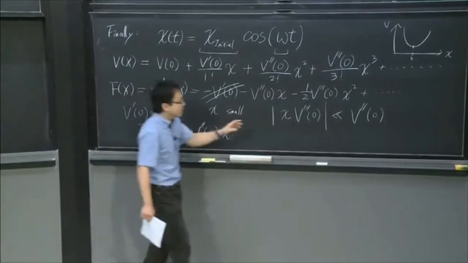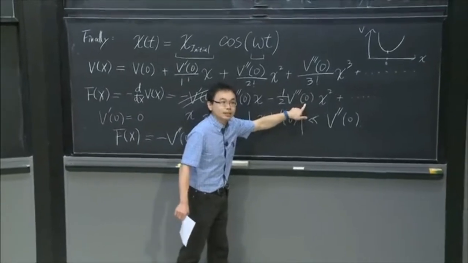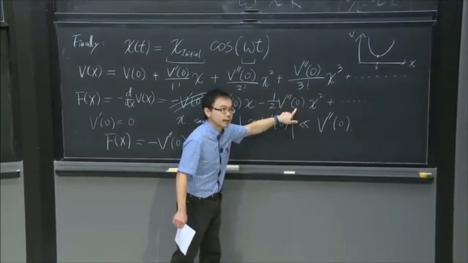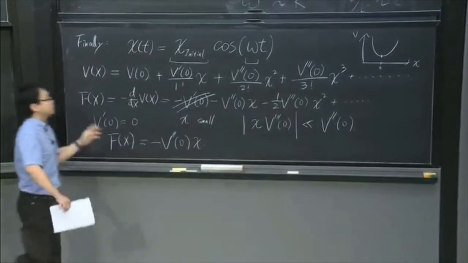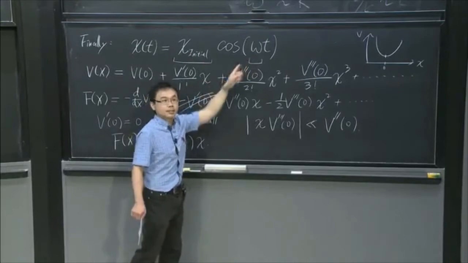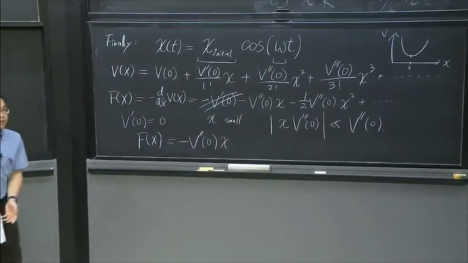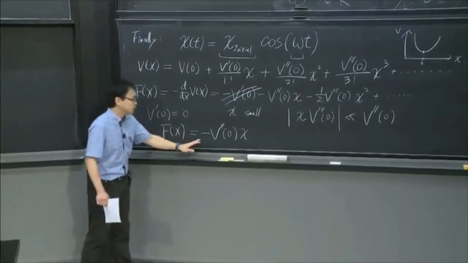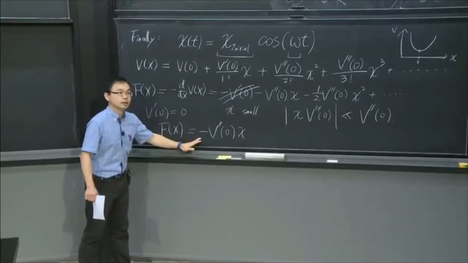Something will happen. That means the higher order term should also be taken into account carefully. So the solution of this kind, x initial cosine omega t, will not work perfectly. In AO3, we only consider the linear term most of the time.